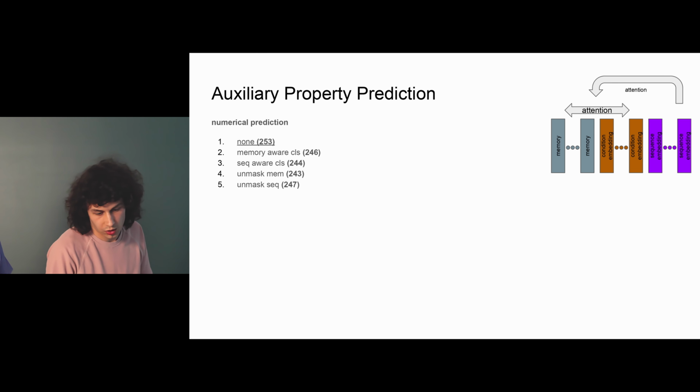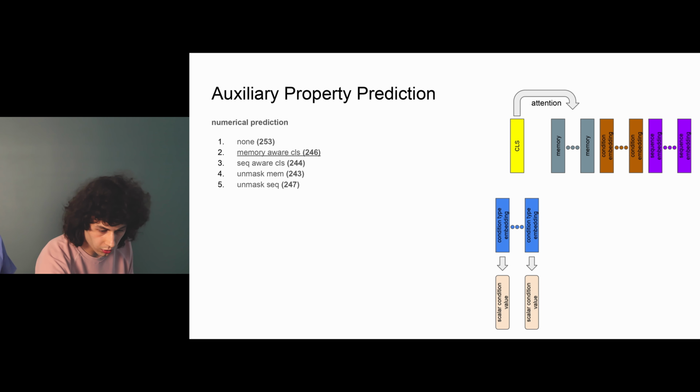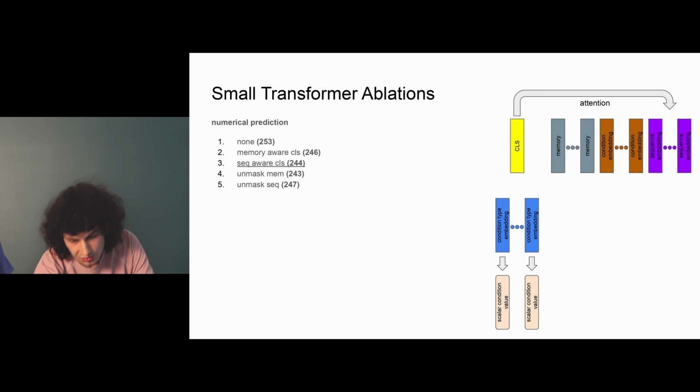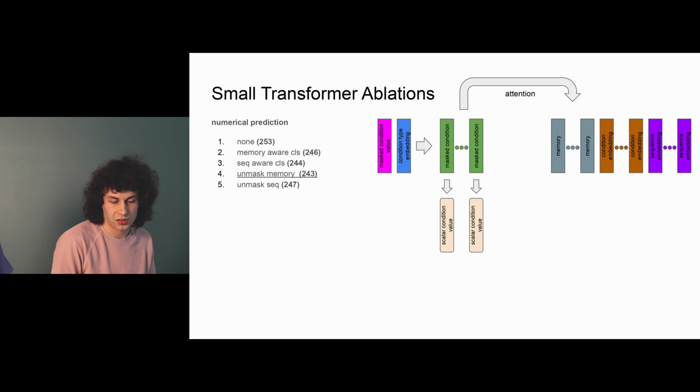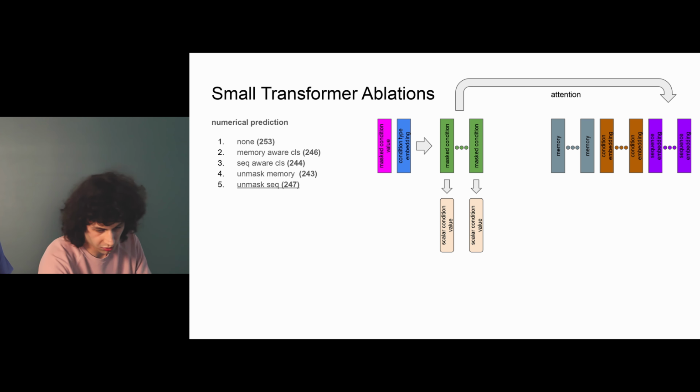So yeah, we have several types of these predictive tasks. As I said, we may use the CLS token, which looks at the memory tokens of the sequence embeddings, or unmask the condition values from the tokens which have similar attention patterns.